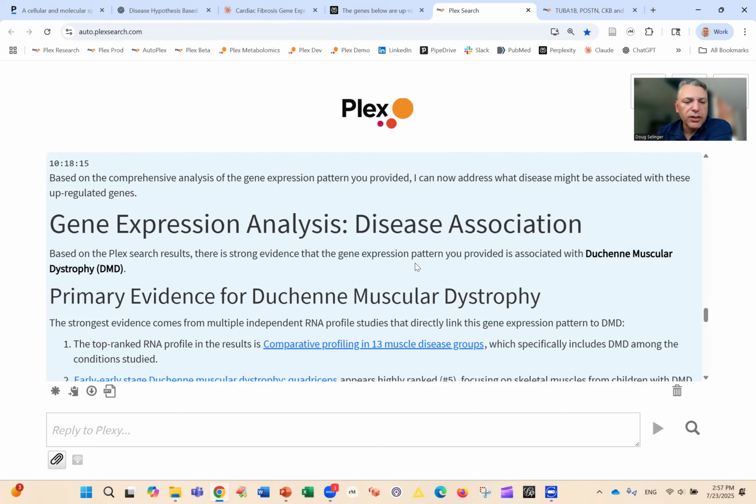So Plex is using a search tool that is looking through relatively raw gene expression data. So gene expression data coming from lots of different databases and assessing the signature that we've put in, these genes that we've put in, where have we seen them before? Have they been seen to be differentially expressed in other diseases in all of these databases, right?